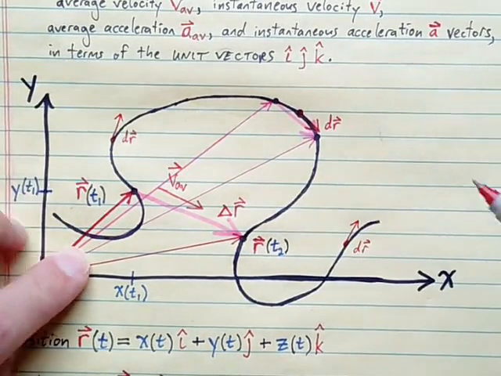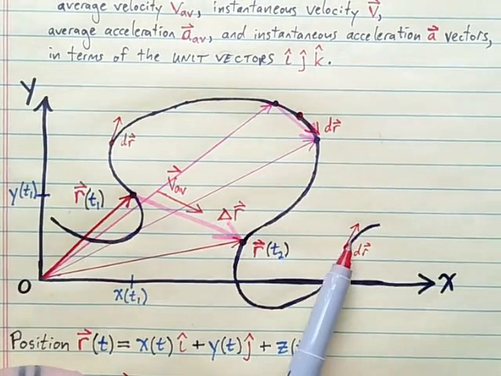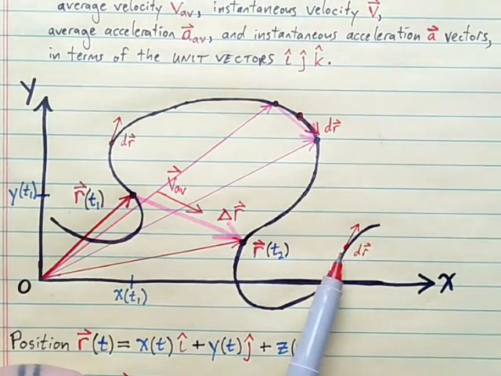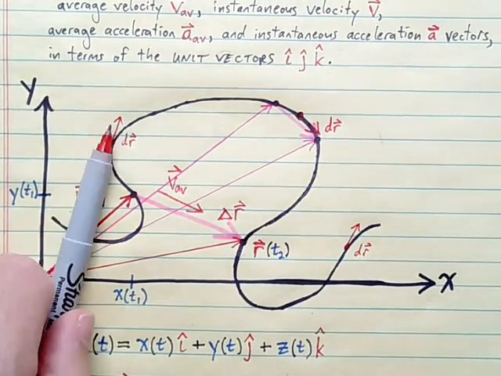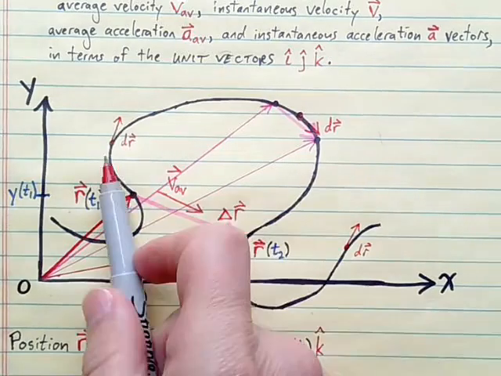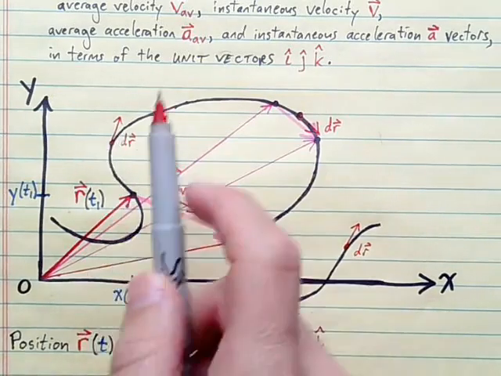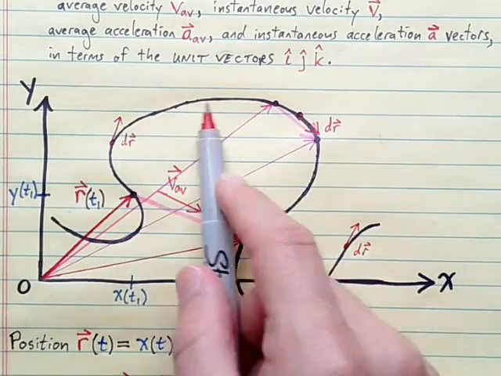Okay, it's supposed to be infinitesimally small, but I have to draw it with some length to it so you can see it. But the point is that it's tangent to the path pointing in the direction that you're moving. So we have little drs all along the path, like little steps forward. Each infinitesimal little step forward along the path moves the path forward.